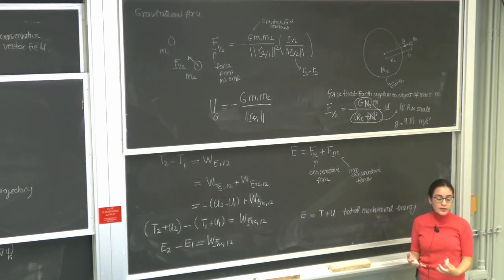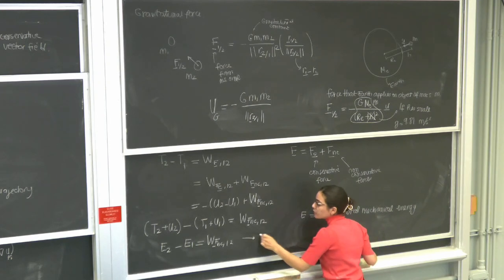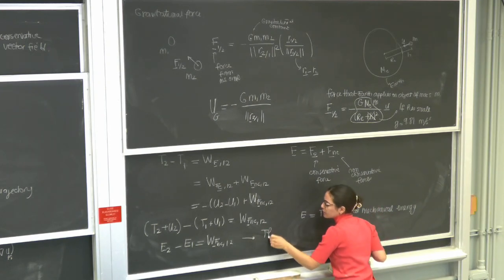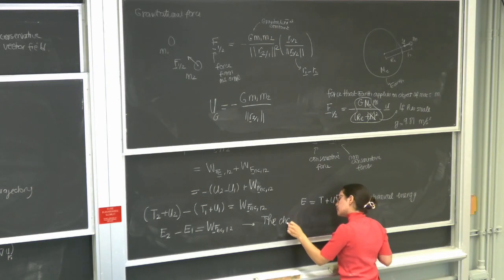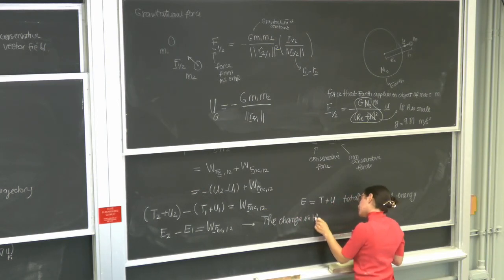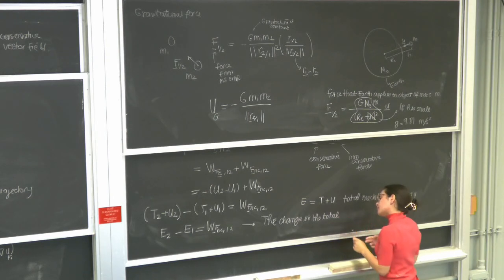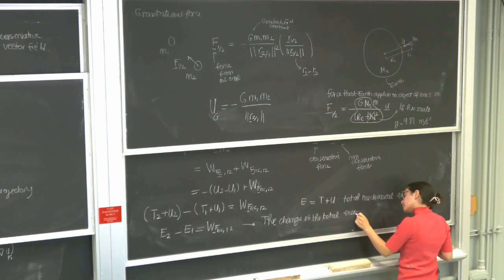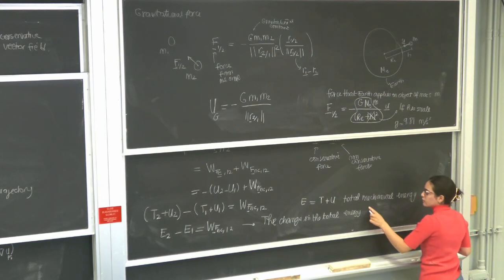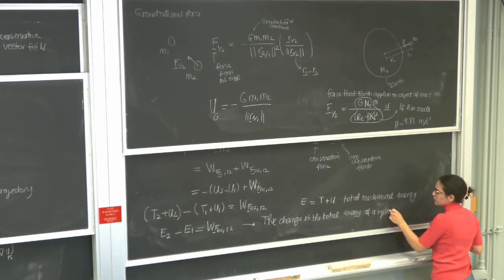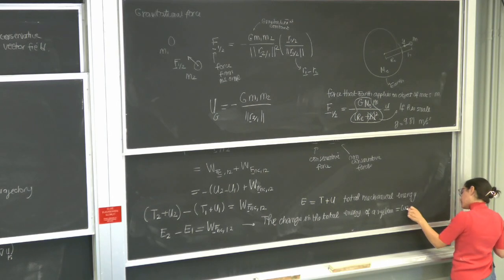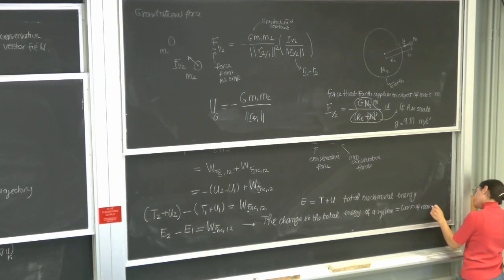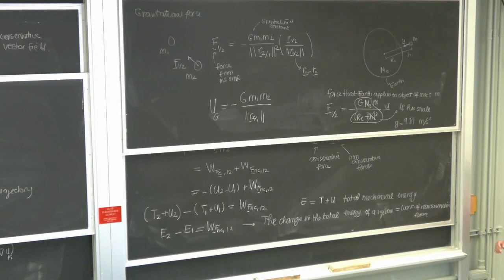So the change in the total energy of a system is equal to the work of the non-conservative forces. Wow. So the change in the total energy of the system is equal to the work of the non-conservative forces.